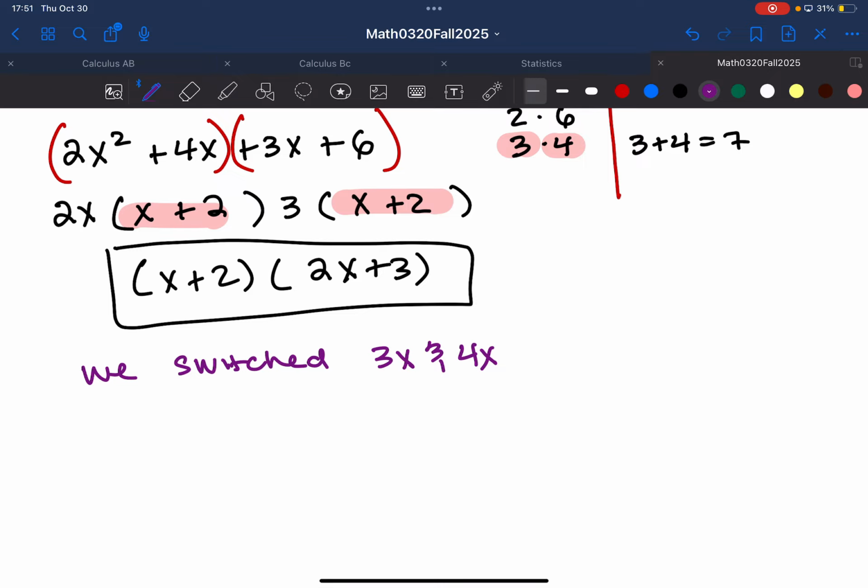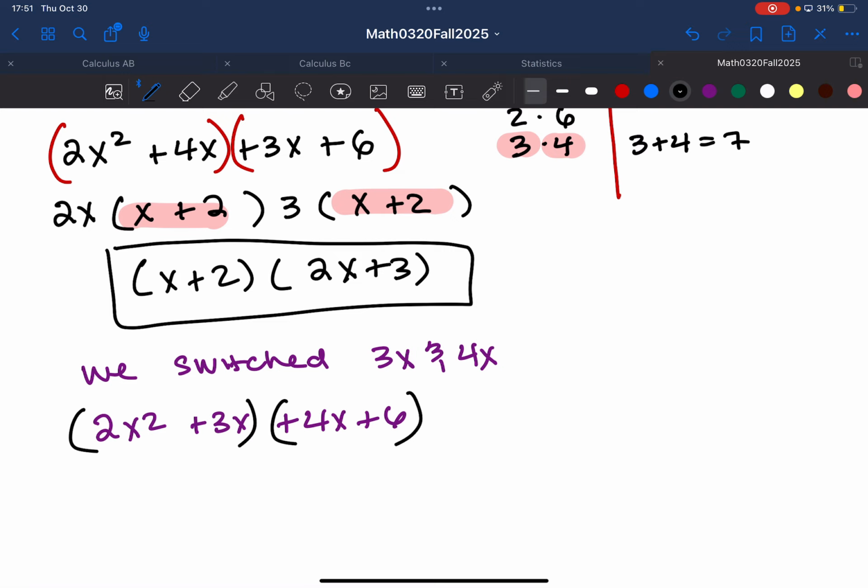So for example, if I had 2x squared plus 3x plus 4x plus 6, I would still separate them with the 2 parentheses and still take out a GCF. So let's say we do it this way. What would the GCF of the first parenthesis be? Not 2x anymore, because 2 and 3, we can't take out a common number.